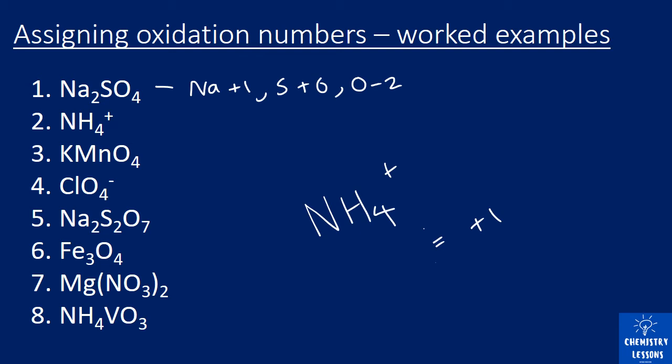Hydrogen is always +1 except in peroxides. We've got 4 of them, so that's +4. So each of the hydrogens is +1. That means that the nitrogen must be -3 because the sum has to be +1. So -3 + 4 is equal to +1. So nitrogen is -3, hydrogen is +1.